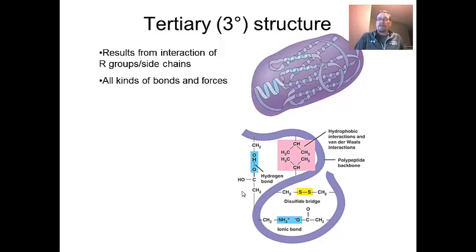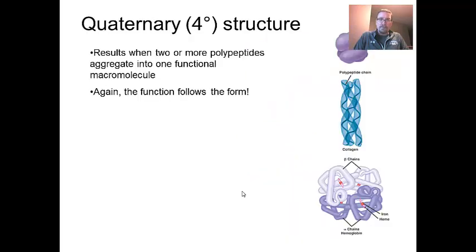It is very possible in that final folding of the protein that the final product needs more than one protein, like hemoglobin. And that would be your quaternary structure. Here is a picture of hemoglobin, which is actually different proteins coming together to form the hemoglobin structure.